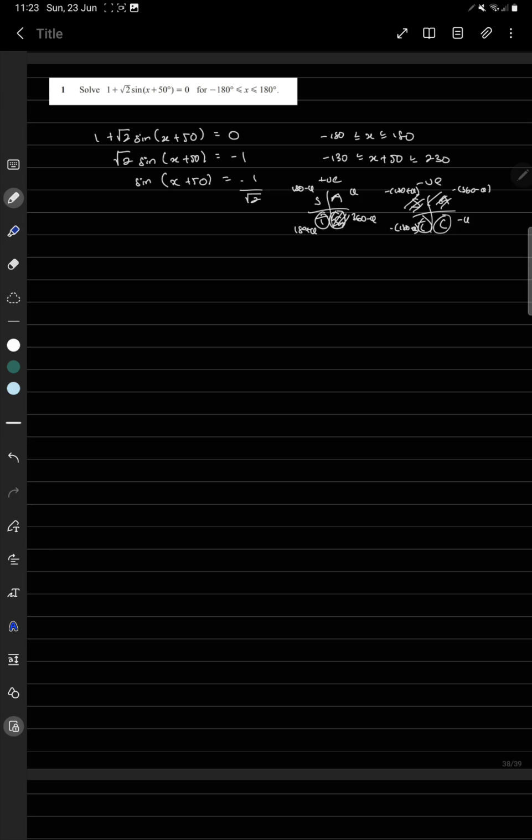Okay, so now we can start moving the sine to the other side. We'll get x plus 50 equals inverse of sine, bracket. Now I'll take the positive value, right? Because in sine it doesn't have much effect, but in cos, if you take the cos, it'll give you the answer for the negative value instead.